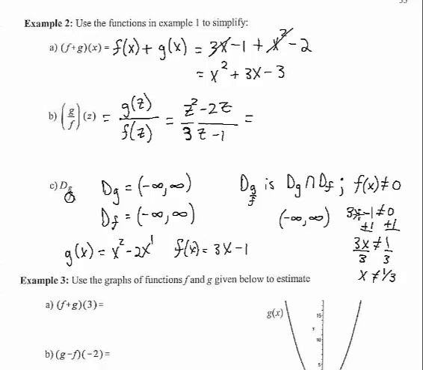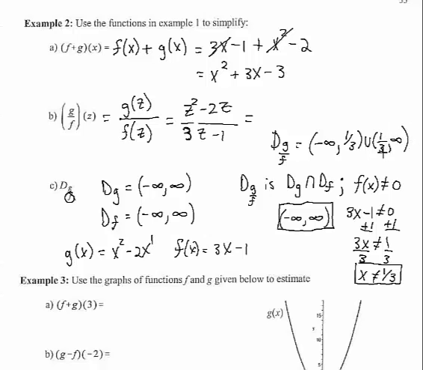So with this bit of information combined with all real numbers, I can write my interval notation: the domain of g over f equals all real numbers from negative infinity up until we get to 1/3, and then we have to skip 1/3 and include everything past 1/3 out to positive infinity.